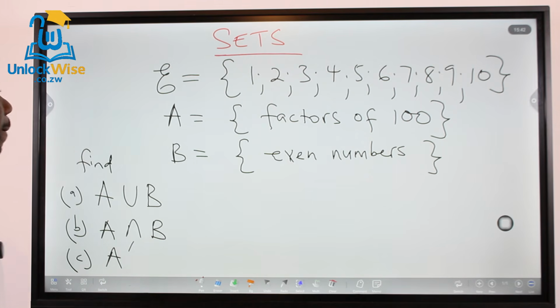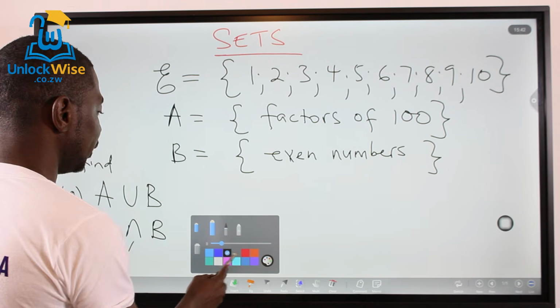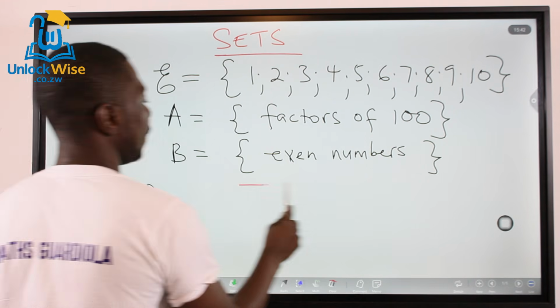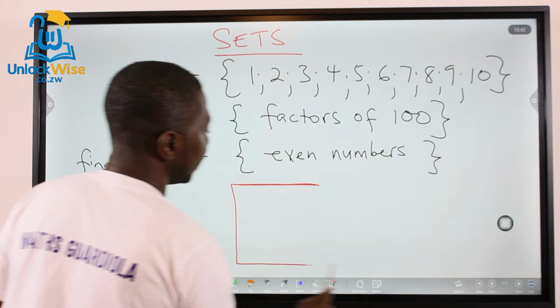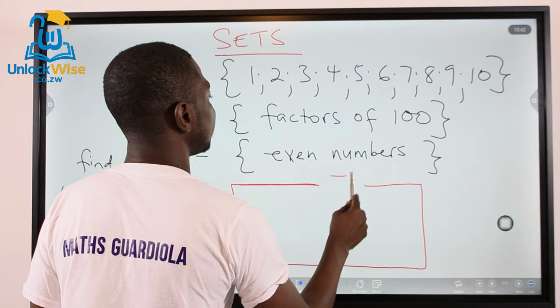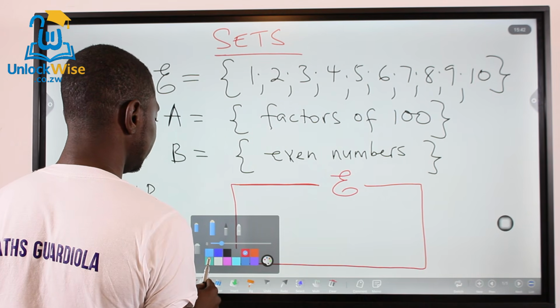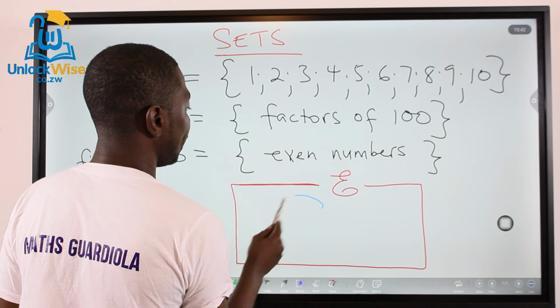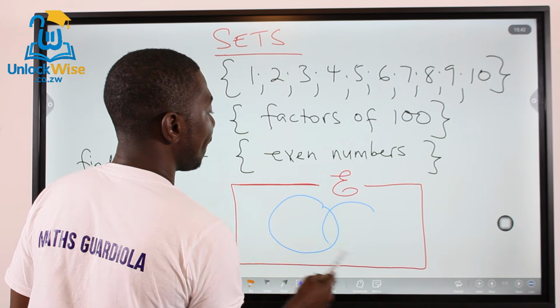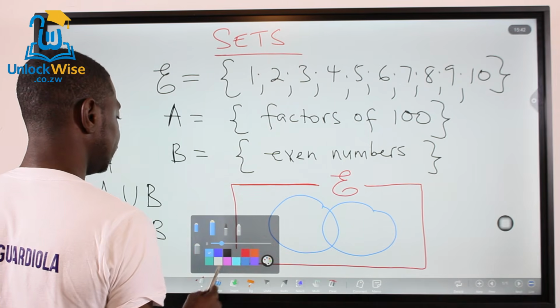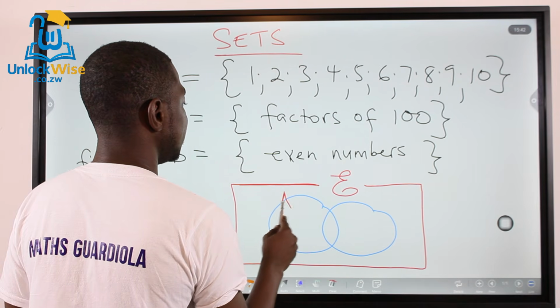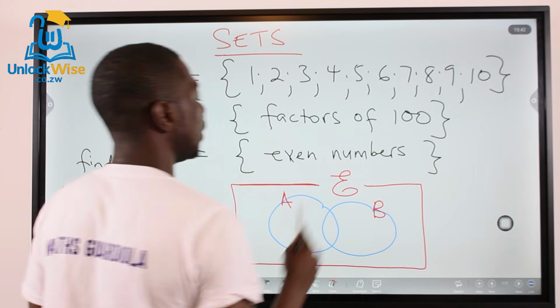Okay, so if we are to draw a Venn diagram here, right? This is our Venn diagram, and we can have this is our set A, this is our set B, right?